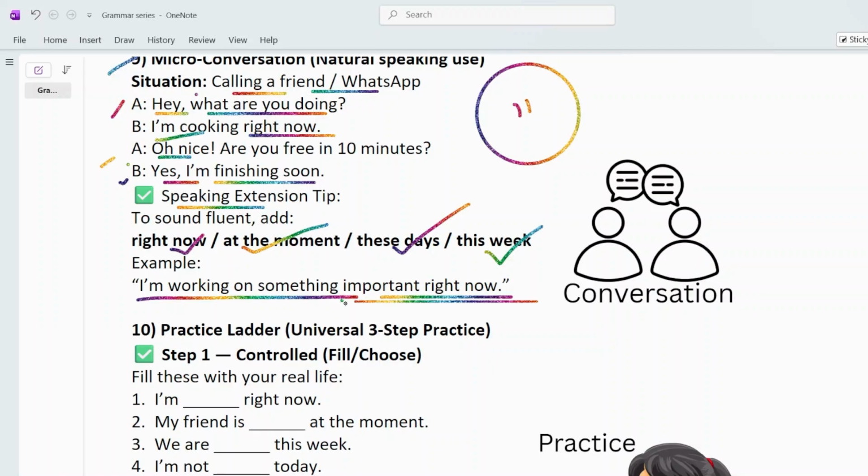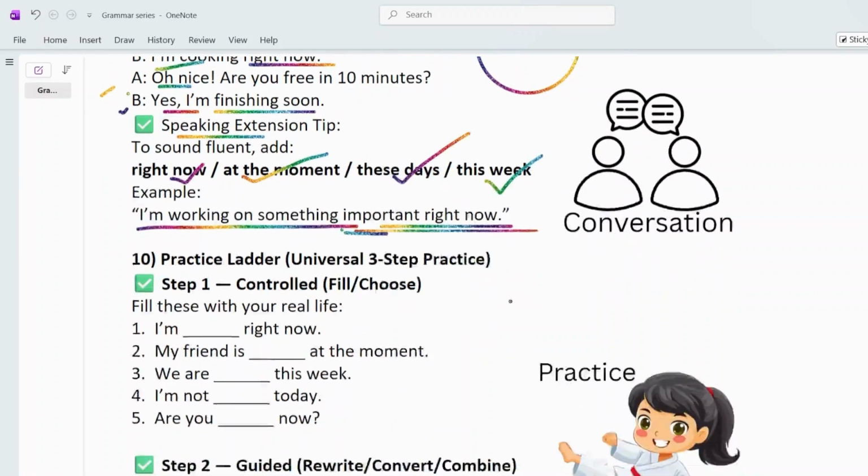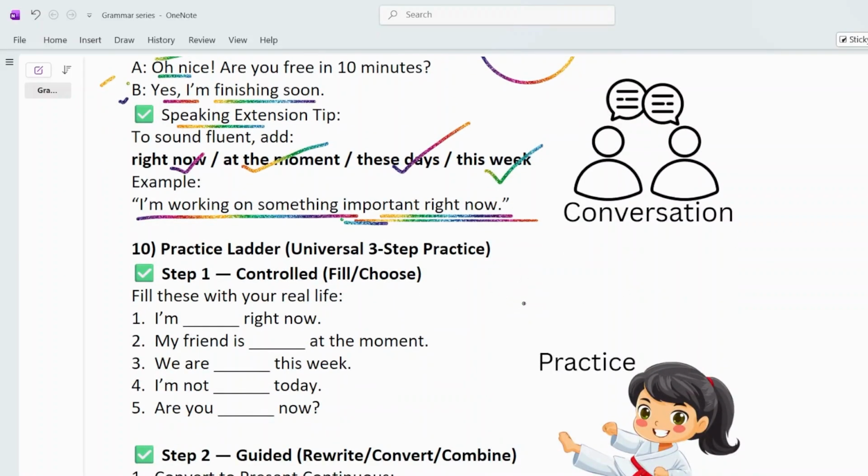Yes, I was saying that important right now is actually helping you to elaborate the same sentence. I'm working on something. You can just finish that as present continuous tense. However, important right now adds quality to your sentence. That's it. Okay, great.